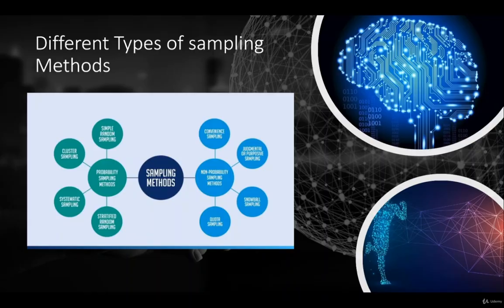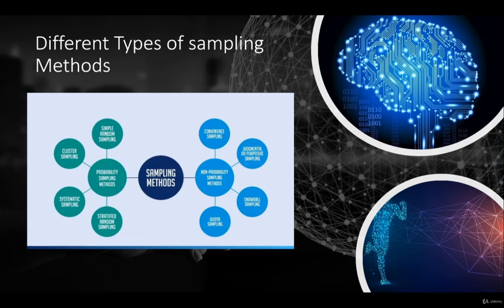And the non-probability sampling method will not necessarily select random people always. So yes, you will have random people, but you will understand in the next few slides why it's not as randomized as the probability sampling method, which is really based on random people.